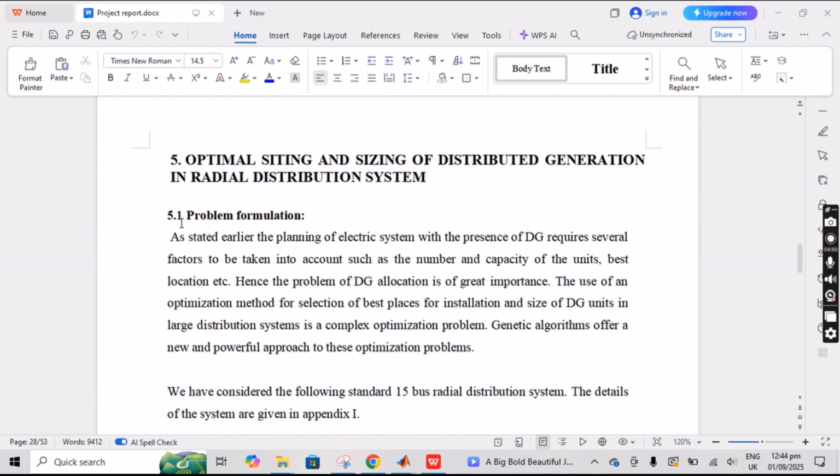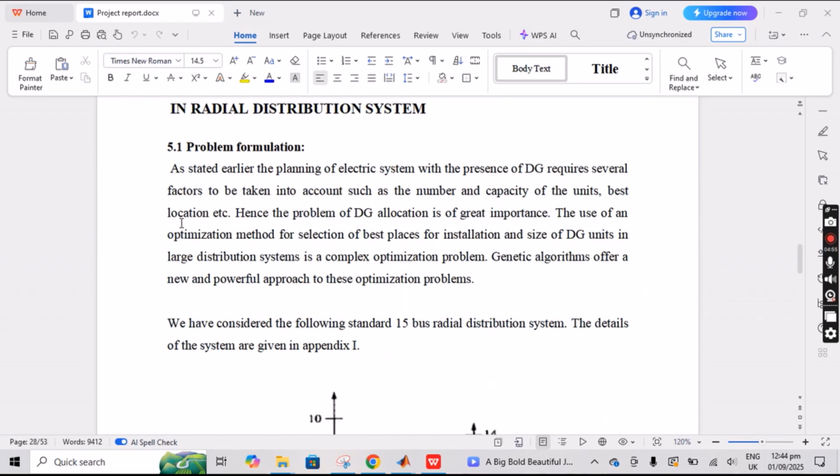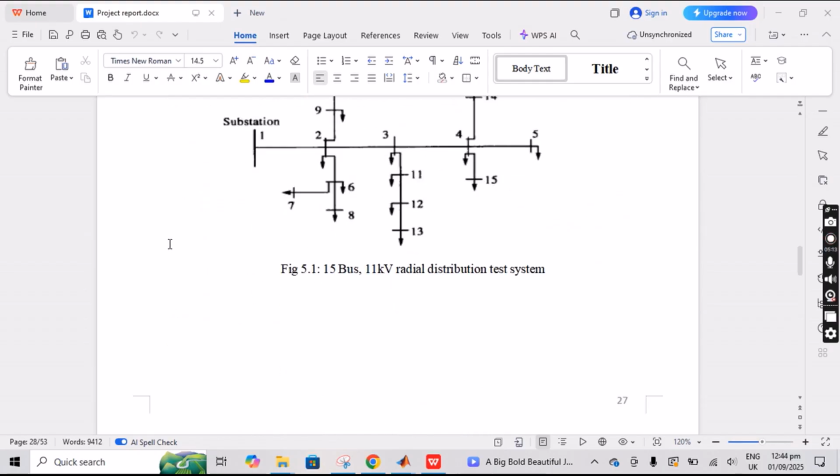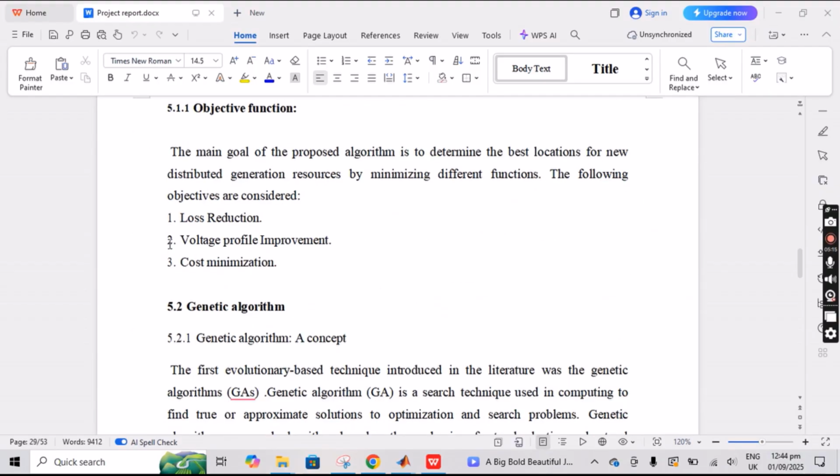Next part is the optimal setting and sizing of distribution generation in a radial distribution system. What is the problem? The problem is that we need to identify the large distribution system, and we need to find the complex optimization problem according to the 11 kV radial distribution system.